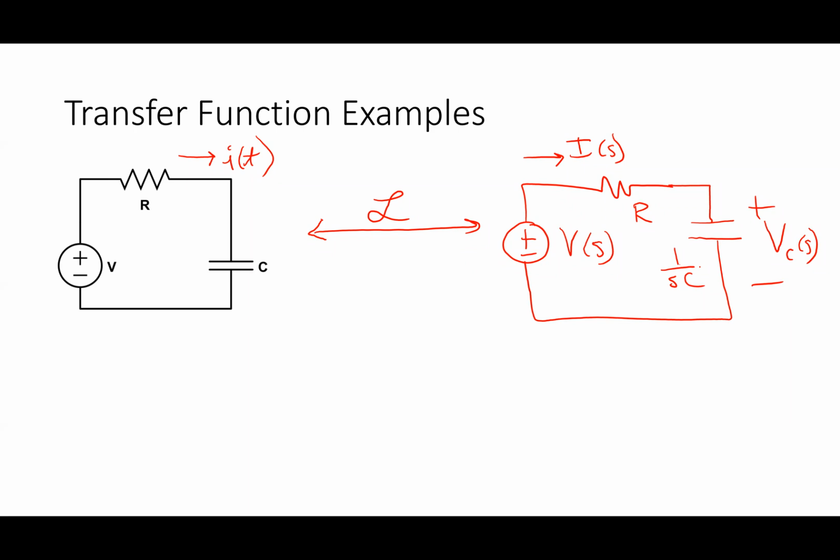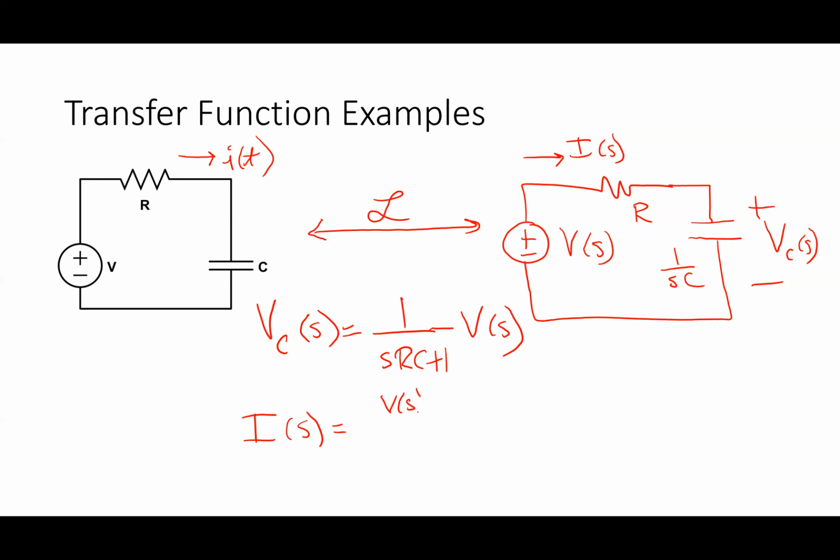So looking at this thing, we already figured out that V sub C of S is equal to 1 over SRC plus 1 times V of S. Let's say I wanted to figure out I of S. How would I figure out I of S? V of S divided by 1 over SC? V of S divided by what? 1 over SC. Nope.